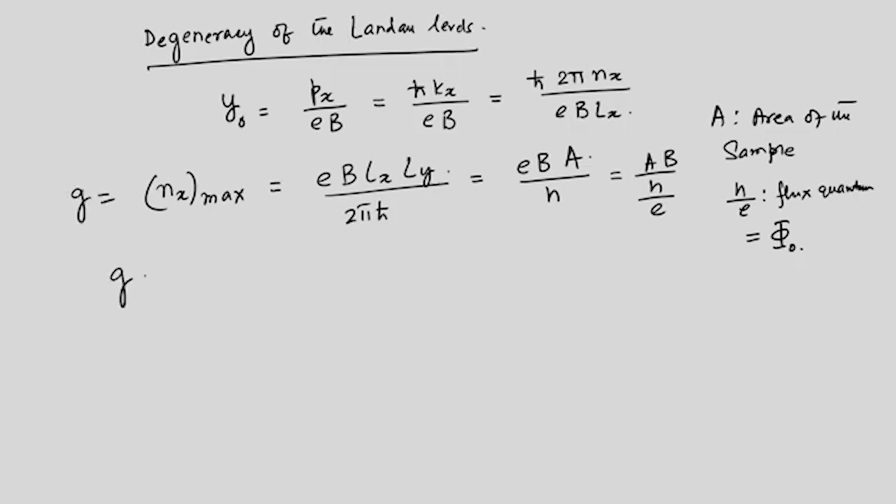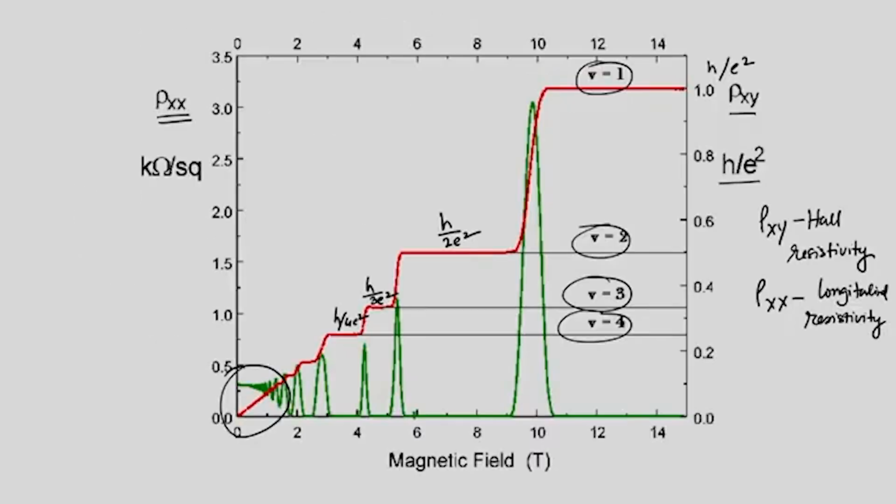So, G depends on B, the magnetic field, the area of the sample, and phi 0, and this tells you that this degeneracy can be very large. If you go back to the first slide that we had, you see here the magnetic field goes all the way up to about 15 Tesla.